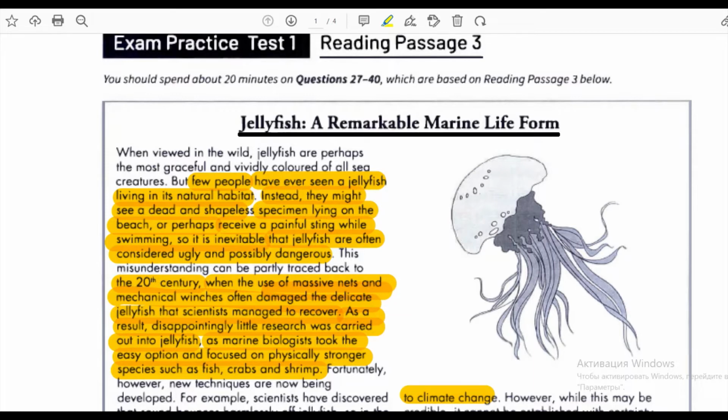Because the writer says that most people may only have seen a dead, shapeless jellyfish on the beach or perhaps been stung by one. So it is inevitable that people have negative views of jellyfish. Inevitable means not surprising.